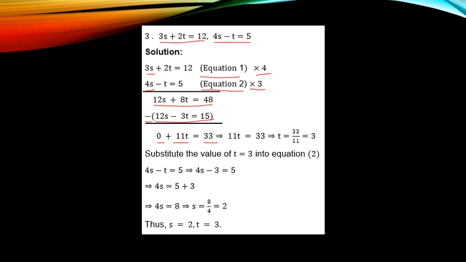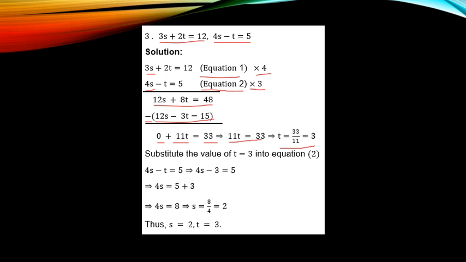So if you add 0 to 11t, you have 11t equal to 33. Divide both sides by 11 in order to have t standing alone. So t is equal to 33 over 11, and that is 3.